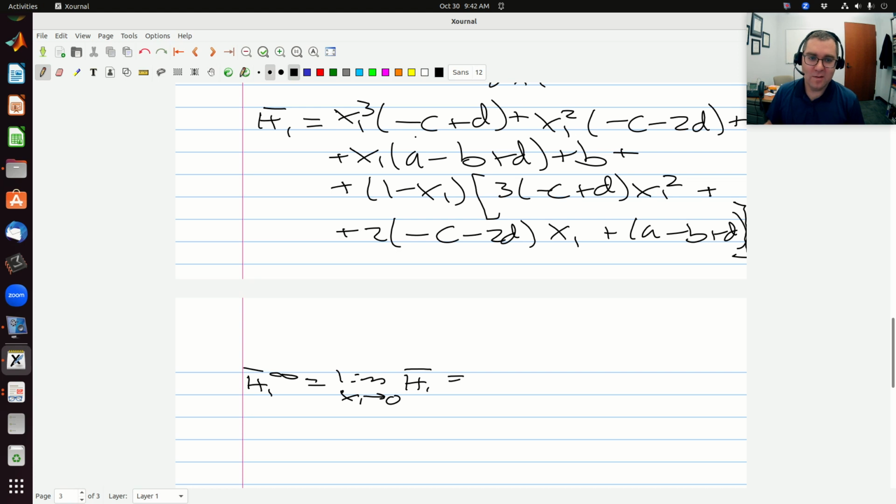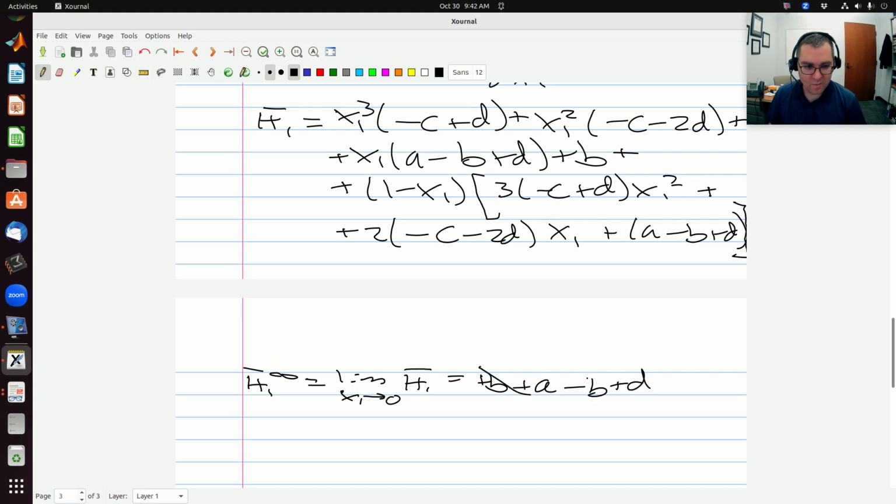And so if I were to look at this equation and plug in x1 equals 0, well, this first term is 0, that's 0, that's 0, b would live, plus b. And then I would have, this is just 1, but if I look in here, that's 0, that's 0, and then this would live, so it'd be 1 times, this would be the only term left, so it'd be plus b plus a minus b plus d.